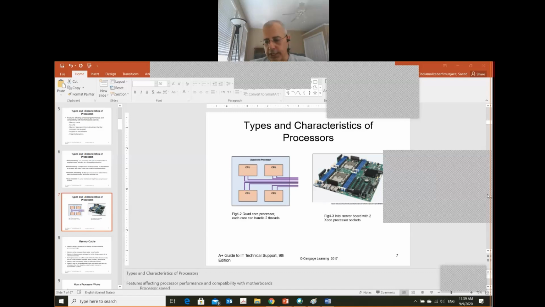And you can also check that if you go to the BIOS of your system. When you restart your system, press the delete button, and then you will go to the BIOS of your system. There is a menu for CPU, and it defines how many cores are there in your CPU and how many threads your CPU can process.